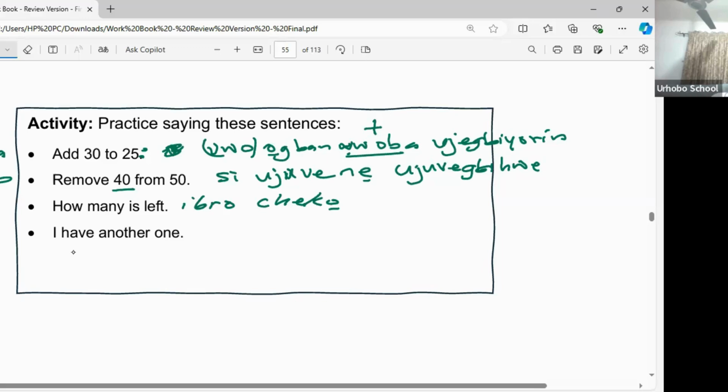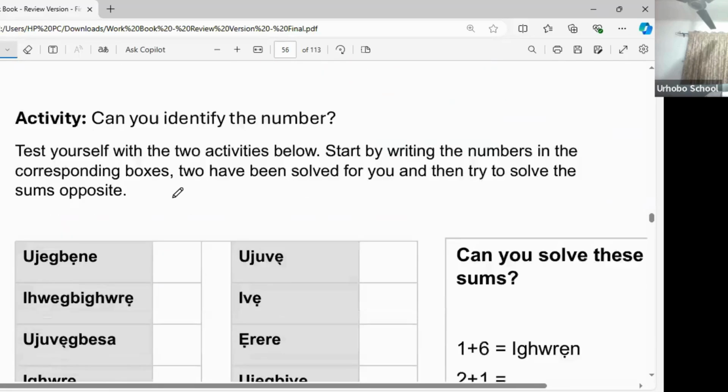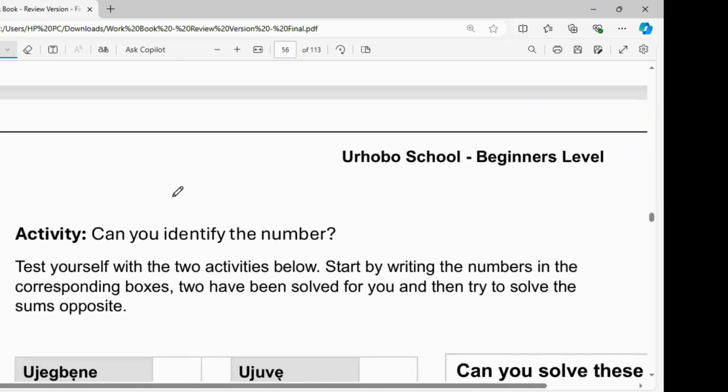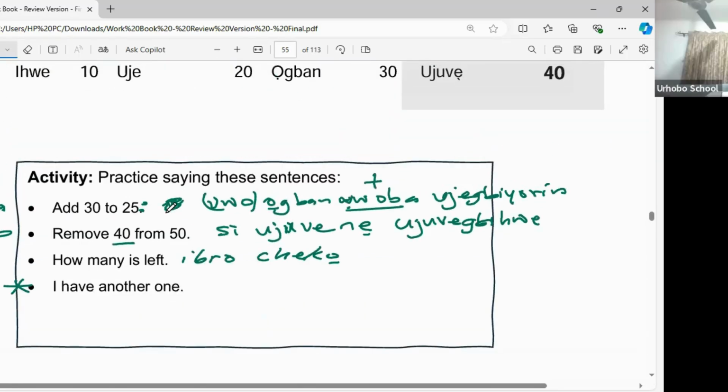So this one, I will leave this one for you. Find out how to say it.